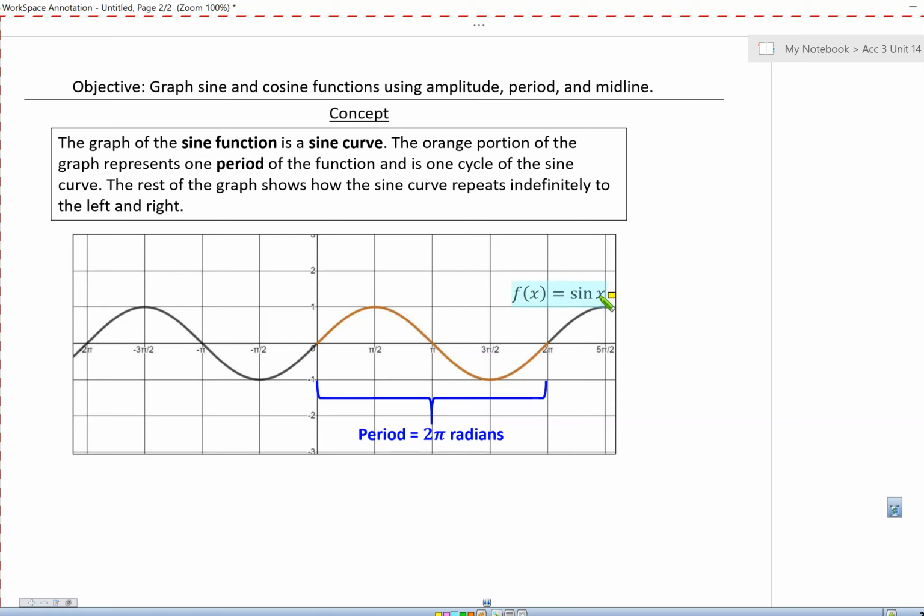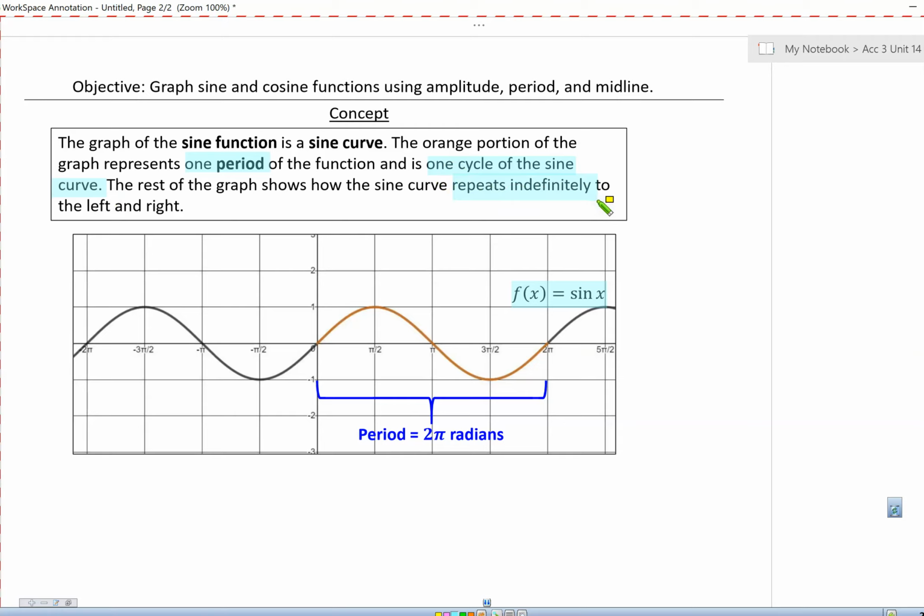When we talk about one period of the function, we are talking about one cycle of the curve, whether it's sine or cosine. Here it says sine, but it's the same thing for cosine. Sine and cosine are wave-like curves. They repeat themselves to positive and negative infinity for x.